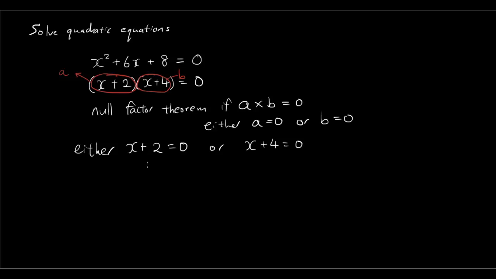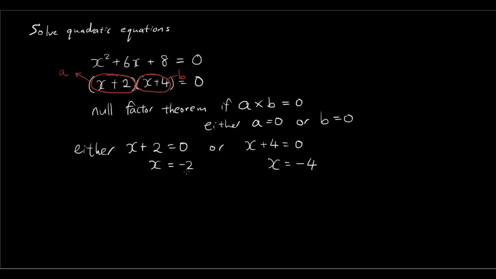Now if x plus 2 is equal to 0 and we minus 2 on both sides, it becomes x equals negative 2. And if x plus 4 is equal to 0 and we minus 4 on both sides, we get x equals negative 4. So we have solved this equation.